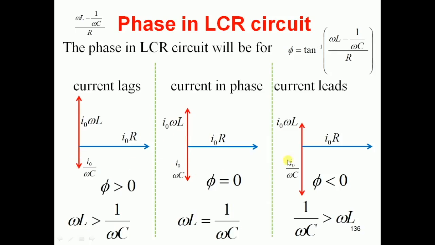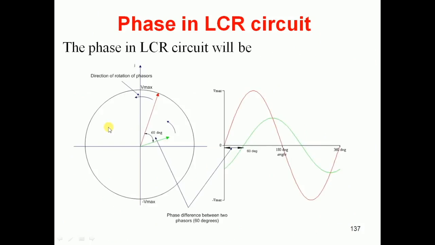So here it is equal and here it goes unequal. Now these are wonderful diagrams which can tell you how phase in the circuit rolls. So here the phase of 60 degree between current and voltage is shown in the sinusoidal plot.